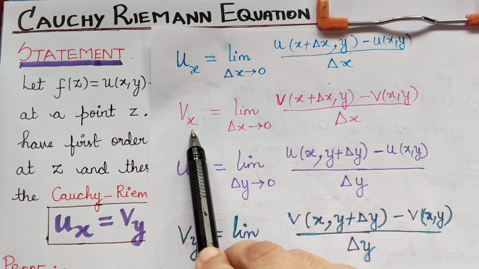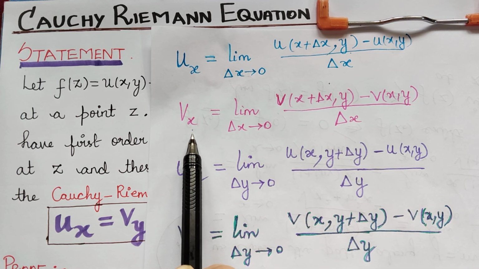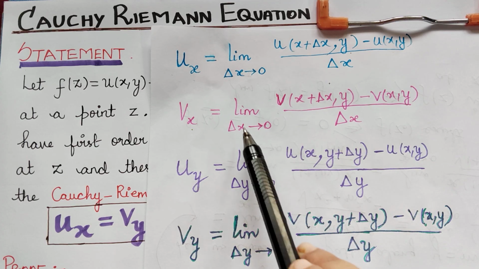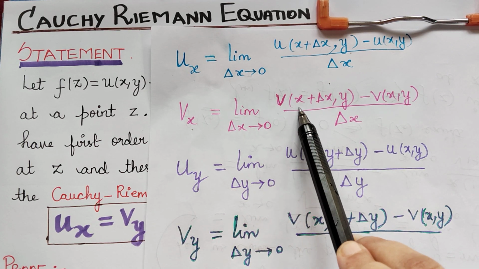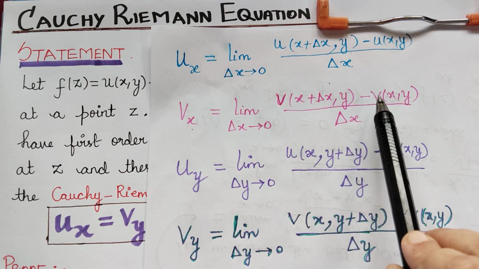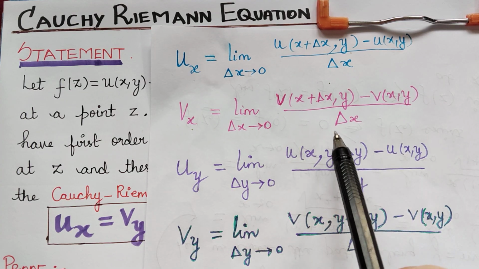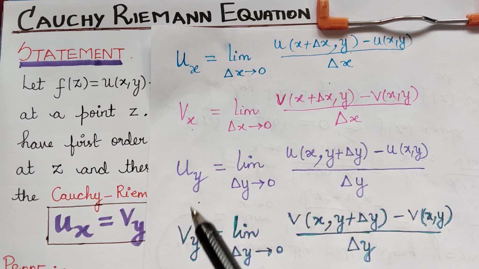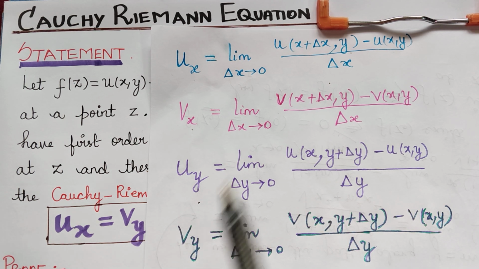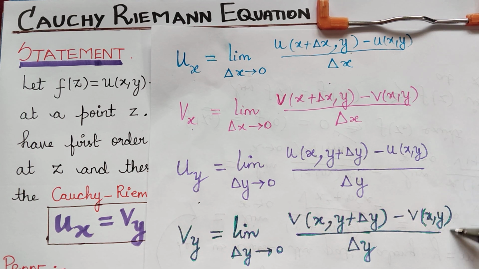Similarly, when v is differentiated partially with respect to x, by the derivative formula, we have limit delta x tends to 0 and v of x plus delta x comma y minus v of x comma y divided by delta x. In a similar way, we have uy and vy as well. So these we have by the definition of derivatives. So these are the first order partial derivatives.